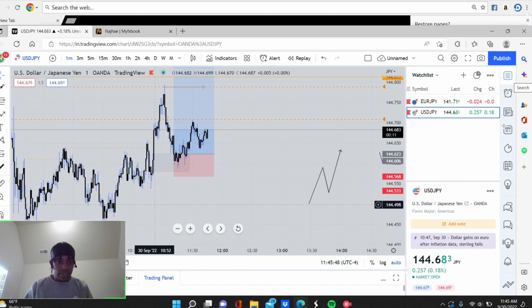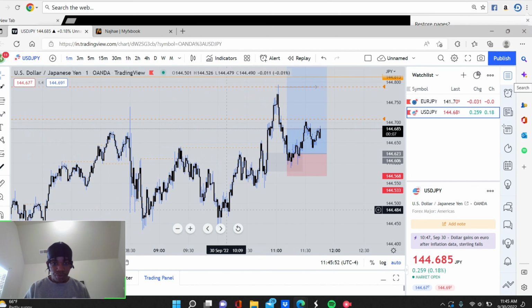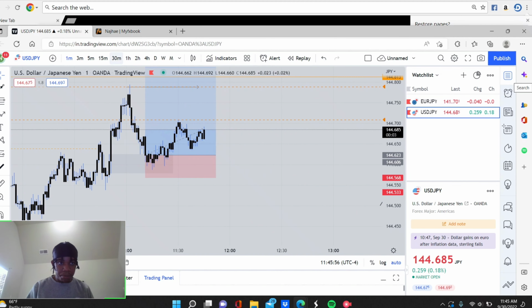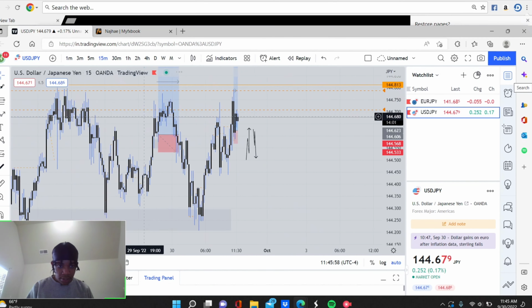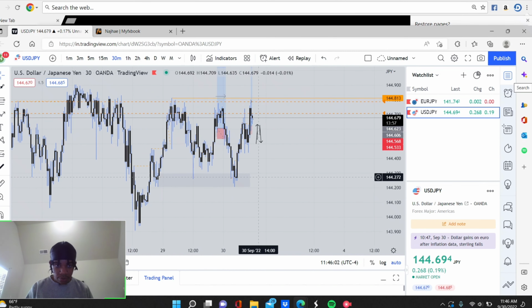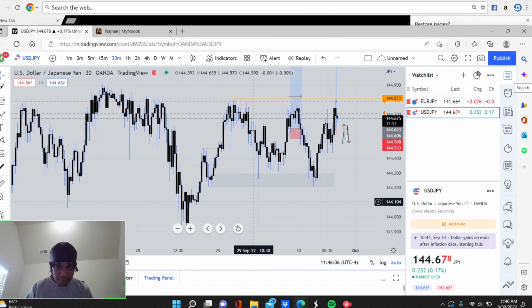It just depends on where the imbalance lays. Let me show you a really good example, with this whole zone I used right here.